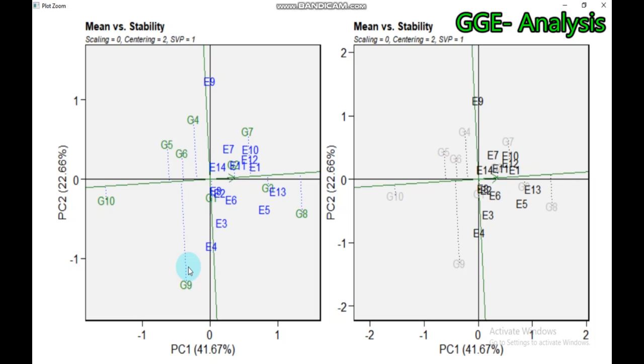So if there is a greater projection, it means there is greater instability. In our case, G3 is very stable, and it is second in productivity to G8, and here G9 had a greater instability compared to other genotypes.